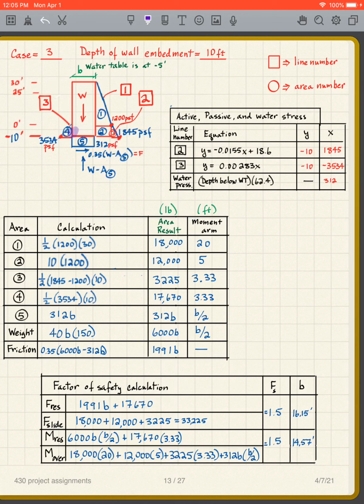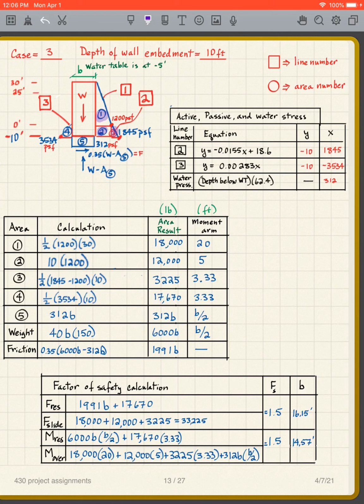So I want the moment arm for those areas, which means I have to find the centroid of the triangle. I got a centroid for this triangle, for that rectangle, for that triangle, for that triangle, for that rectangle, and then of course I have this W, which is the centroid of that rectangle, and then this W, which counteracts the other.